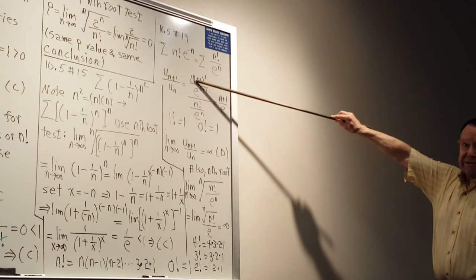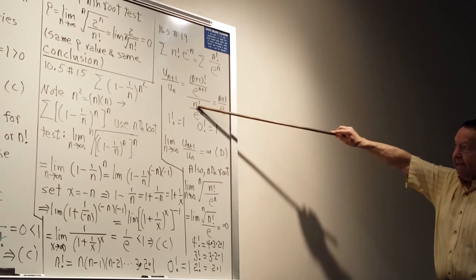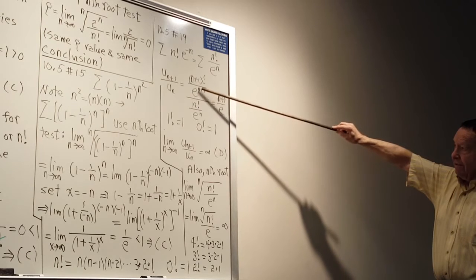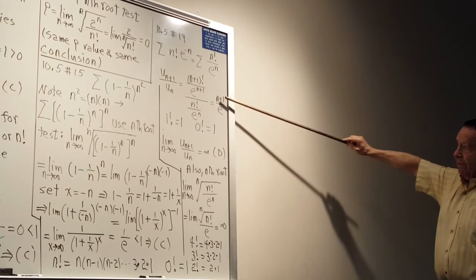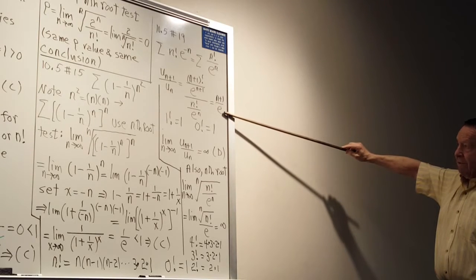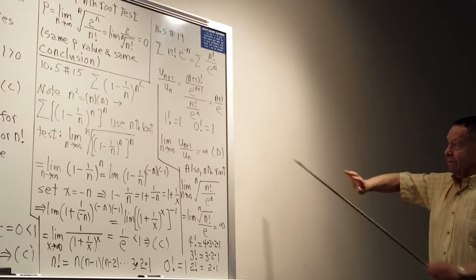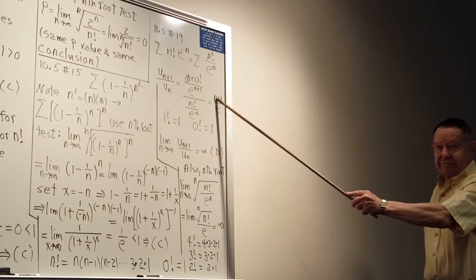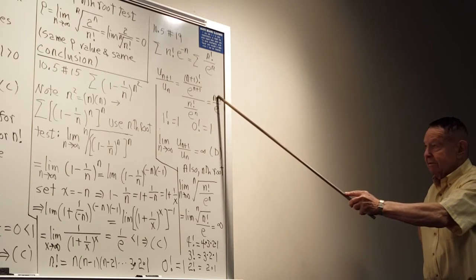rewrite your n plus 1 factorial as n plus 1 times n factorial. It cancels that. And write this as e times e to the n and cancel that. So your ratio is n plus 1 over e, and you can see that limit would be infinite because the n is the variable and it's on top.